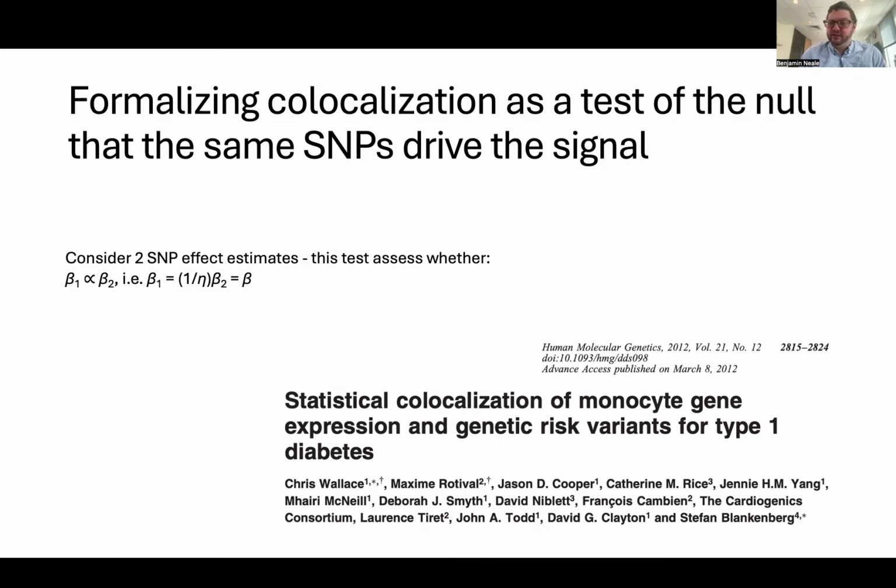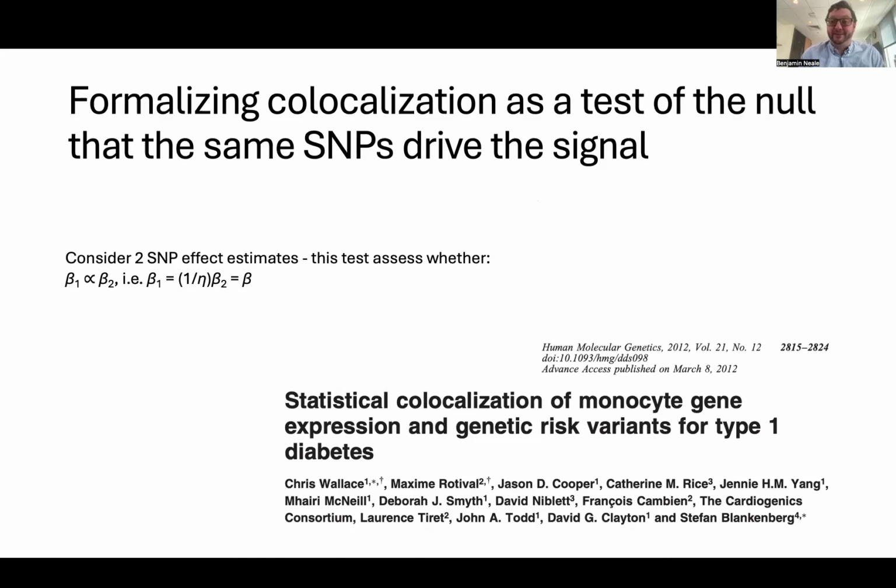And these approaches very much build on the same conceptualization as you've learned about in the context of the fine mapping work. So this paper by Chris Wallace and colleagues formalized that beta 1 is proportional to beta 2 test as the core test. And it actually conditioned the test under a null assumption that the actual locus association was driven by the same causal variant.